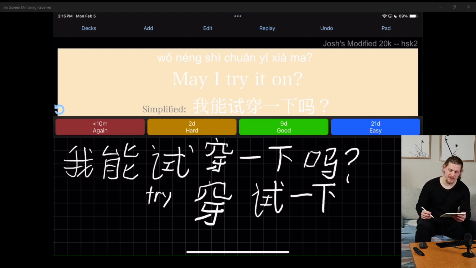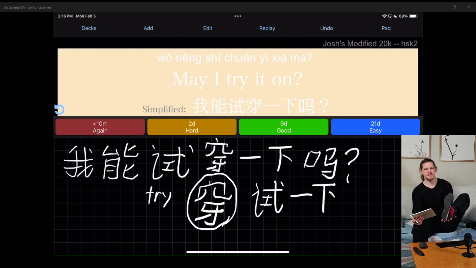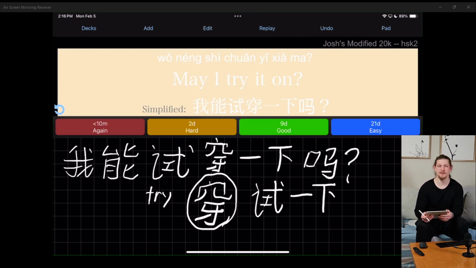Chuan means to put on, if you're talking about clothing. So, to put on a shirt. 穿衣服 means to put your shirt on, or 穿裤子 means to put your pants on, or 穿鞋子 means to put your shoes on. I probably shouldn't let people know, I'm in China, I do wear my shoes in my apartment. I do it all the time. I'm American, I'm only half Chinese at this point, but yeah.